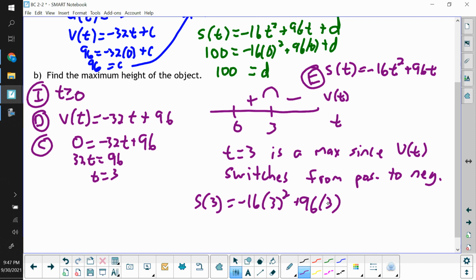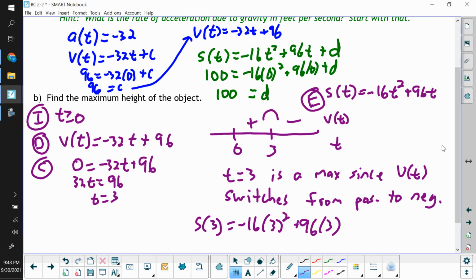So we'll take a moment, let you punch that in. Now you've probably already realized this, but I forgot to put my plus d on the end when I did the equation.